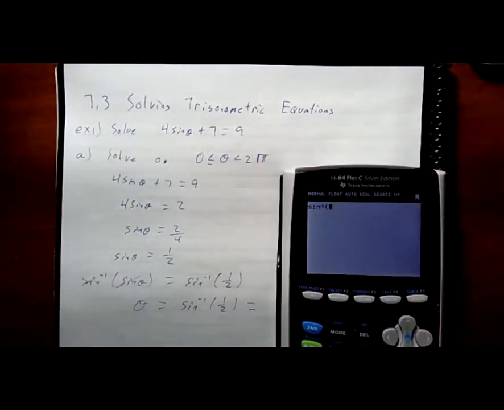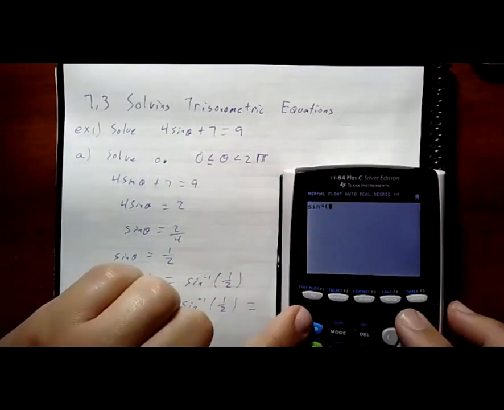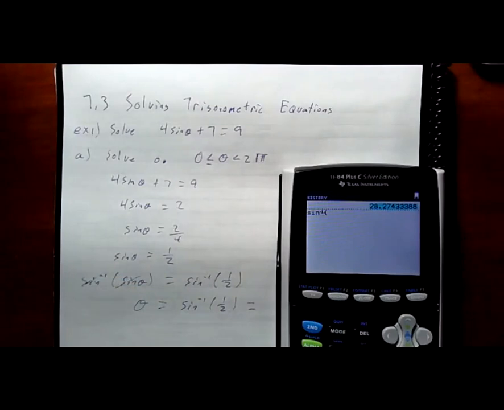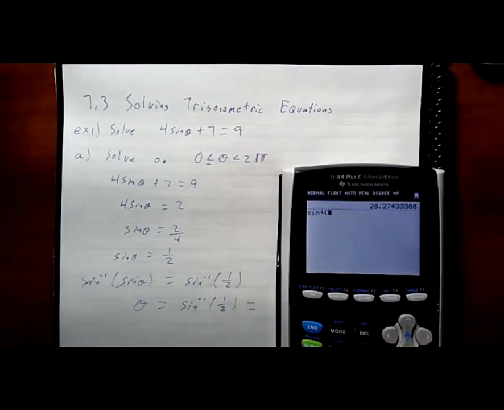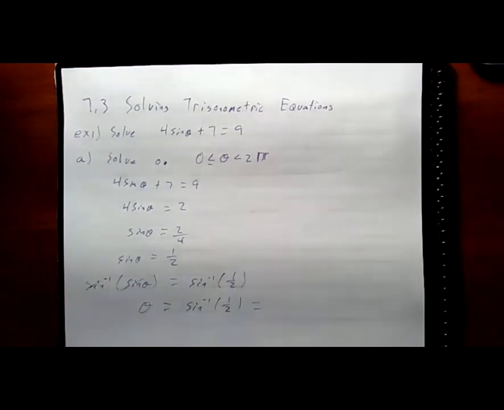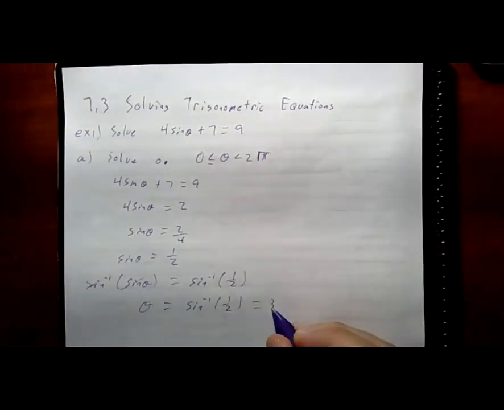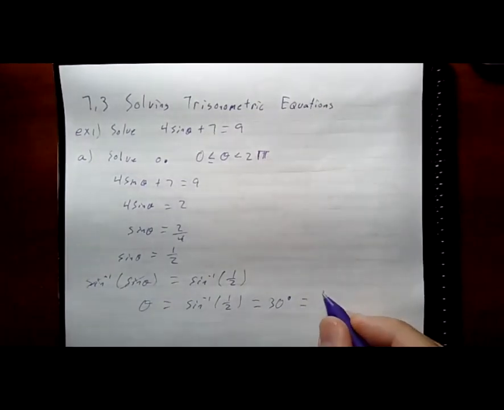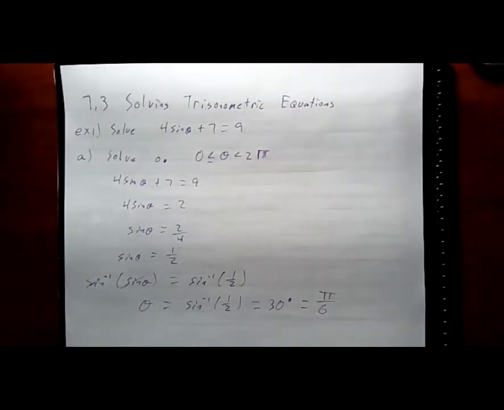Second sine of 1/2. So that's just going to be 30 degrees. So this is 30 degrees, or pi over 6.